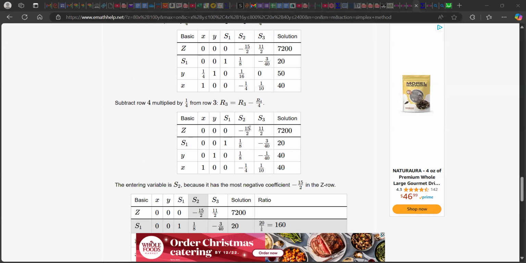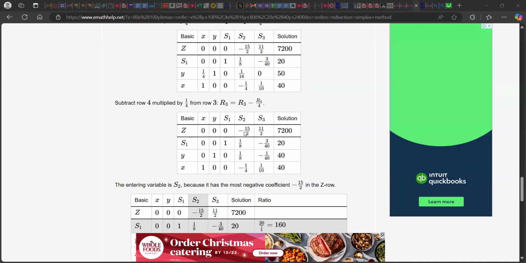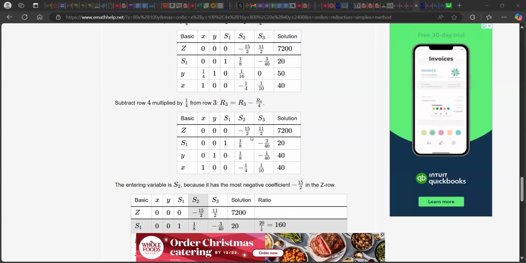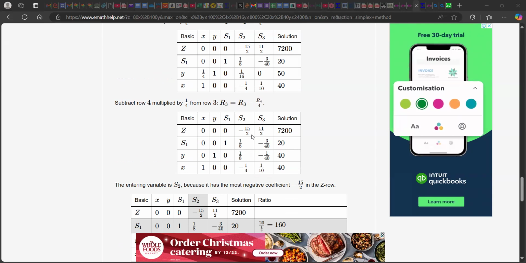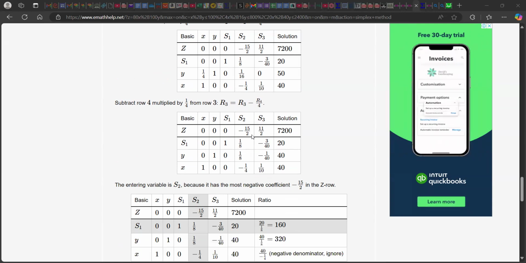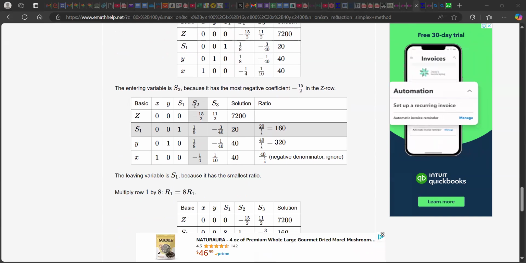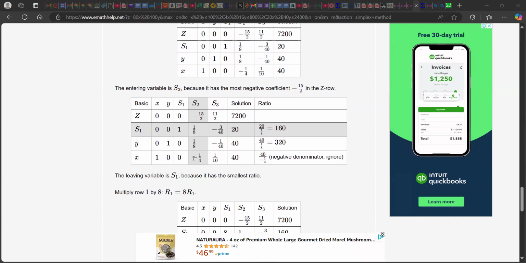Notice there's another number here. S2 is minus 15/2. You repeat the same procedure again. Identify the pivot column. You do the division, then you do the pivot row. Notice a little funny thing here.